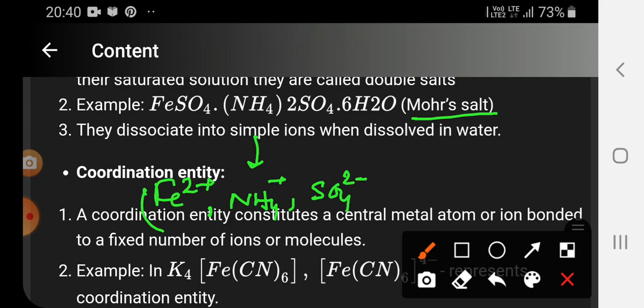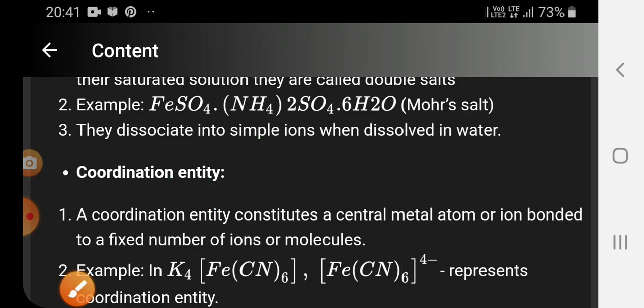So all types of ions present in the given salt can be easily detected in case of double salt. So this is one of the basic differences between double salt and coordination compound.